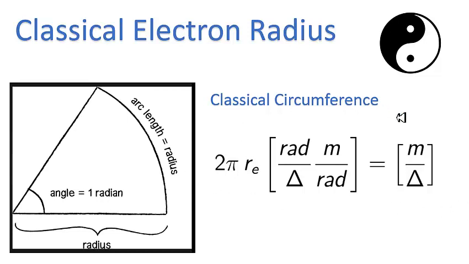I know someone emailed me complaining about my tangential velocity because I had a radius in there, and I didn't exactly show you this. So I thought it was important to bring this up right now. This is an important point. The units of the radius of a circle is meters per radian in modified unit analysis. Now in modified unit analysis, I do everything in the domain of the cycle.